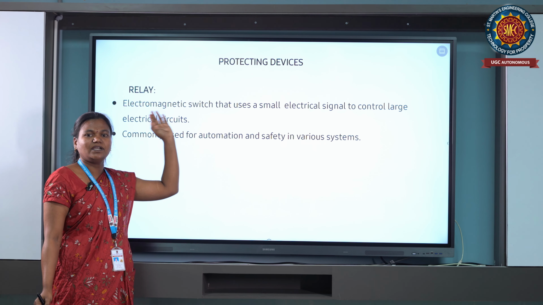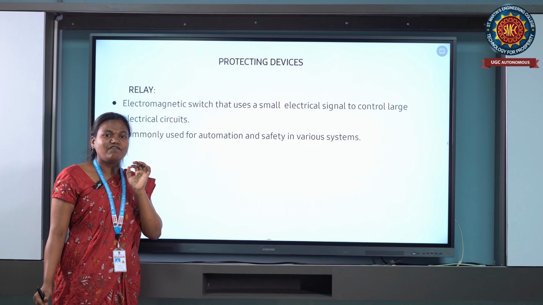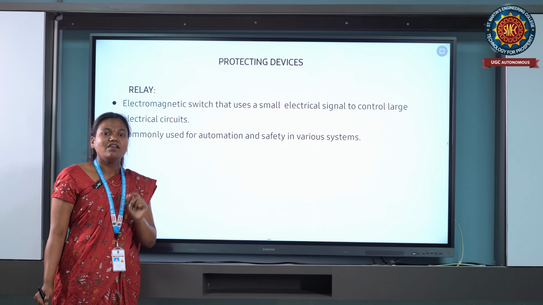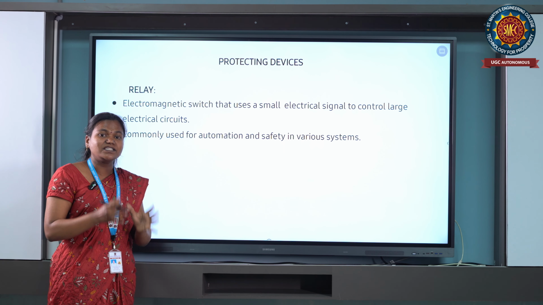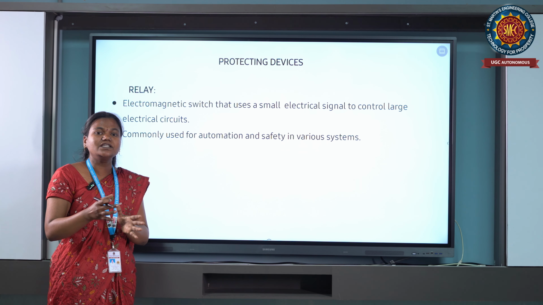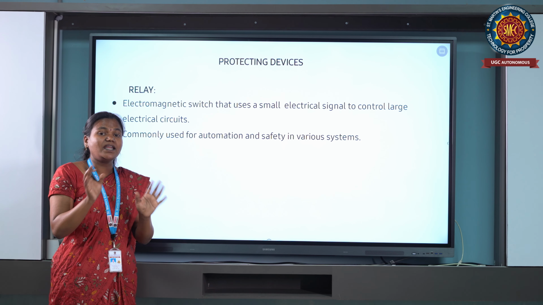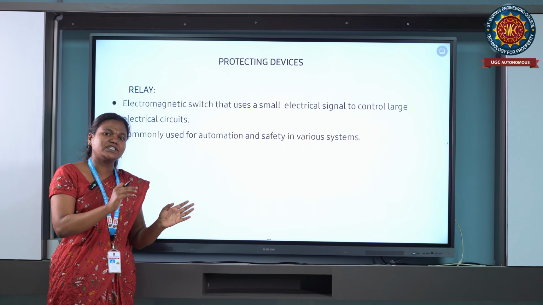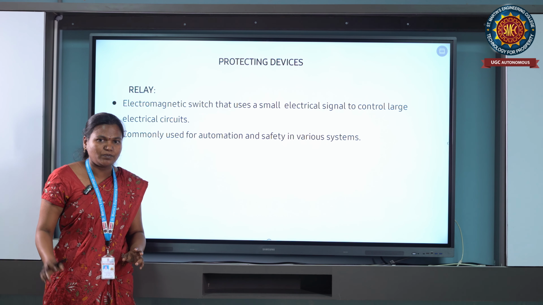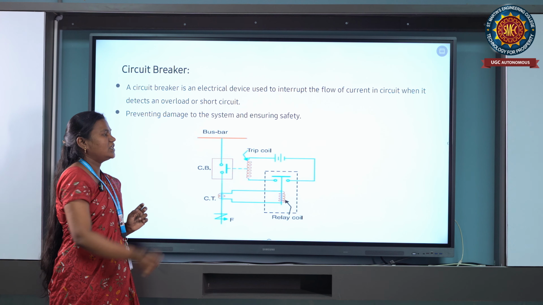A protective device is a relay. The function of a relay is, when a fault occurs on any transmission line, to sense that fault and give signals to the circuit breaker. It cannot isolate the fault itself; it can just sense it and give signals to the circuit breaker.